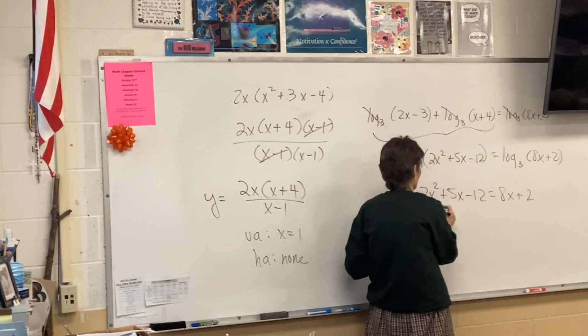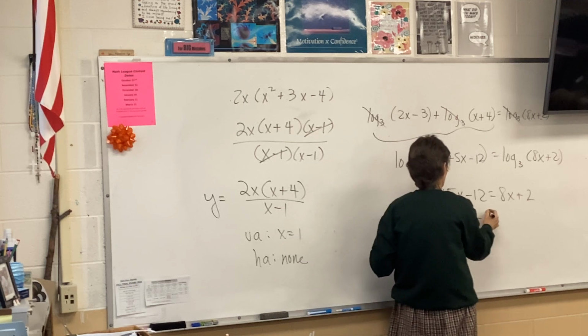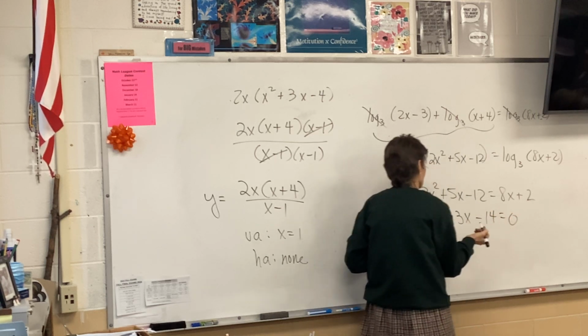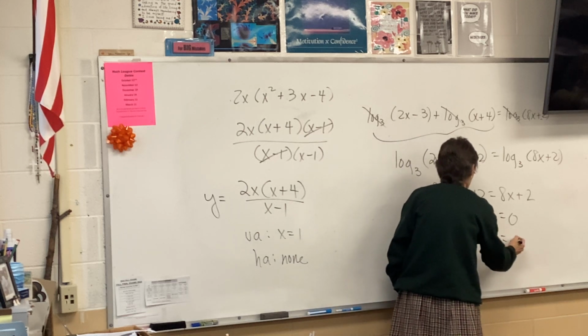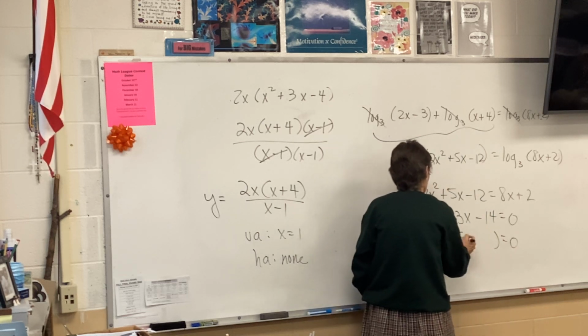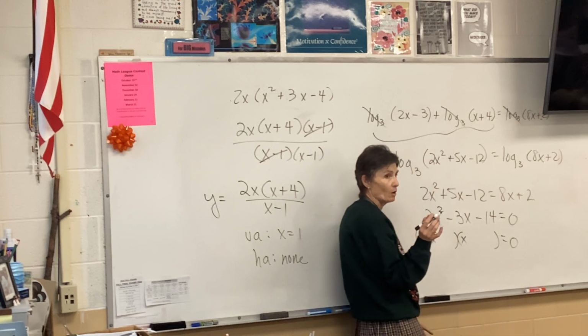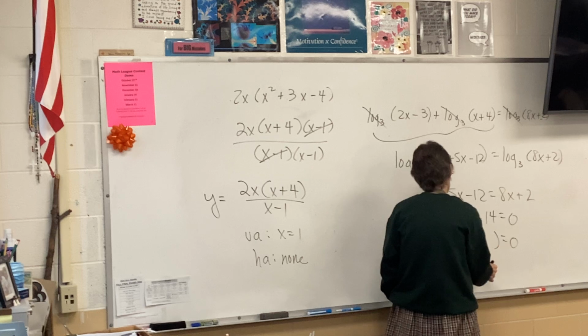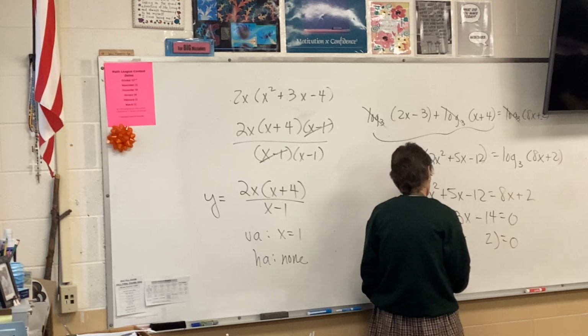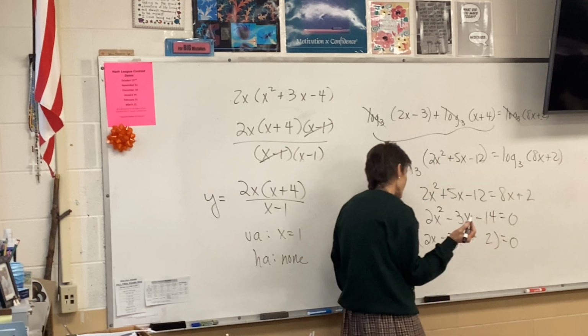So now we've got a little quadratic. Looks like it might factor, but it might not. Either way I can solve it, right? If it doesn't factor, I'll use my quadratic formula. I think it does factor.